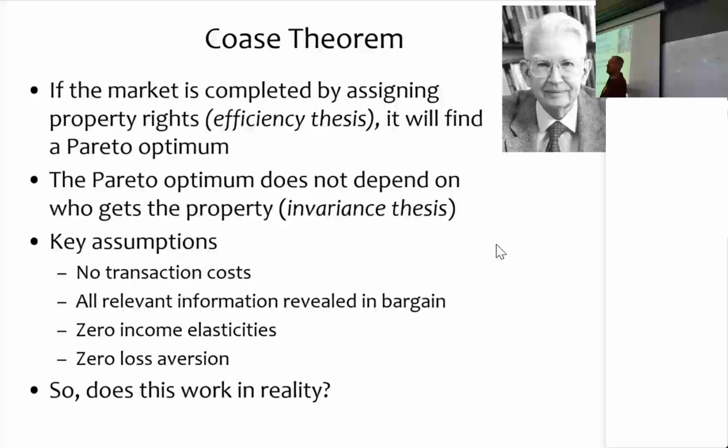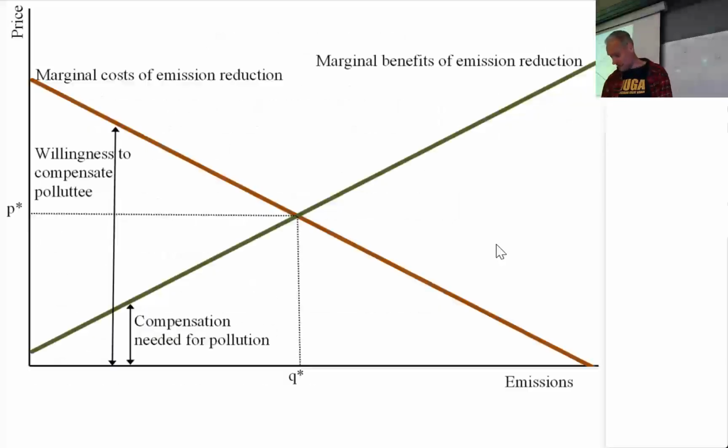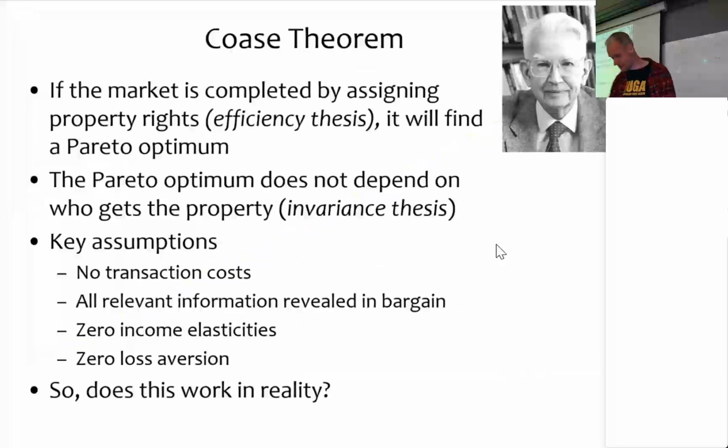Another assumption that we made is that you can negotiate, so you know how much to offer, right, and how much the other party would accept, right? So all relevant information is disclosed and revealed in the bargaining. We have zero income elasticities. That is, if money changes hands, then the cost curves and the benefit curves don't shift, right? Which is essentially zero income elasticities, which is a pretty bold assumption.